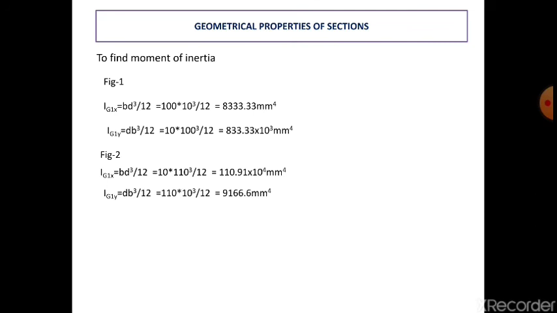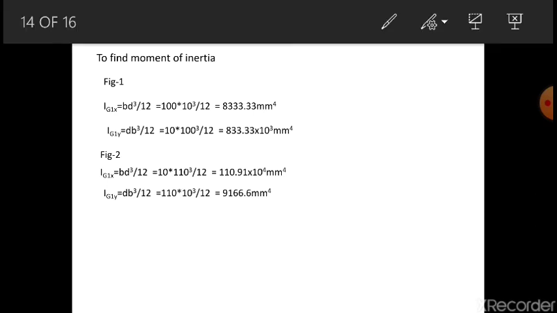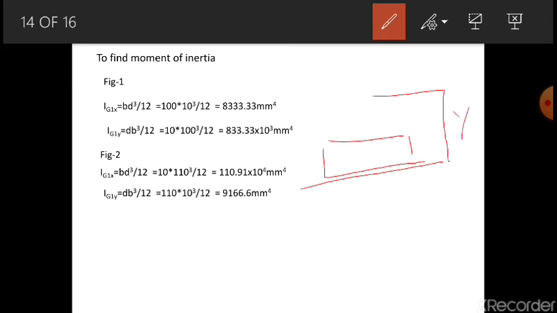If I draw and show you, if this is your body and this is your axis, and somewhere here is your CG, it is y bar, and this is the width.